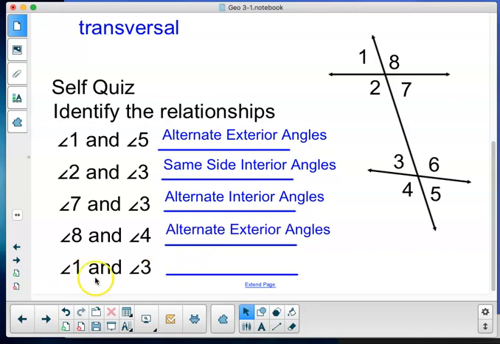And 1 and 3 are in the same relative position on the same side of the transversal, and they're corresponding angles. I hope that went well for you.